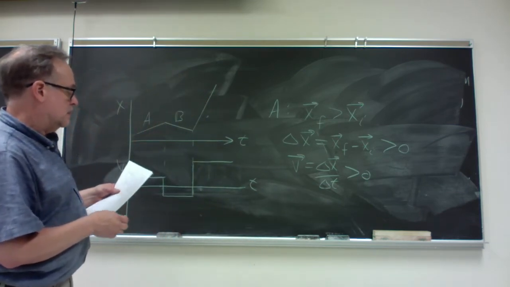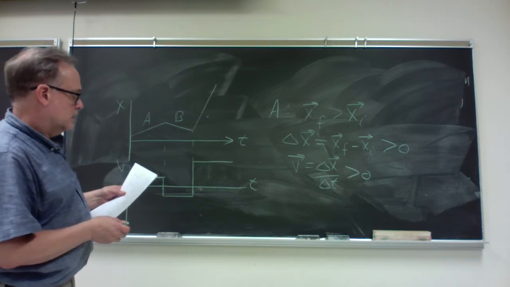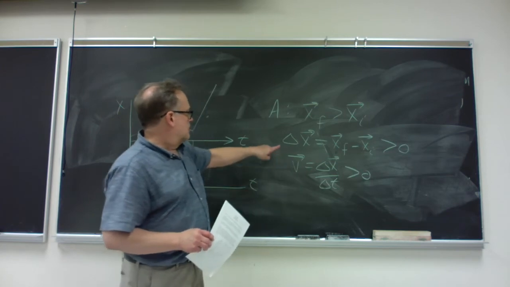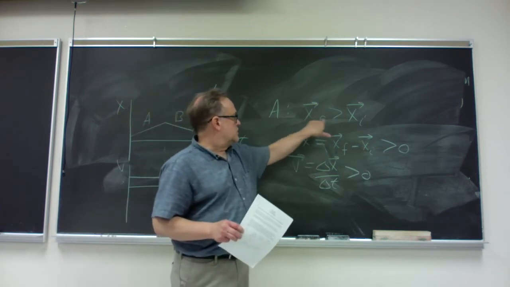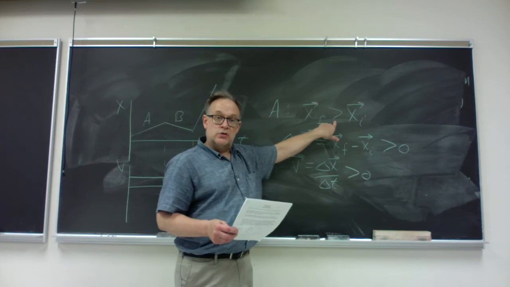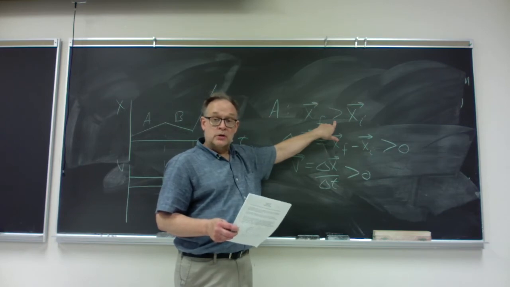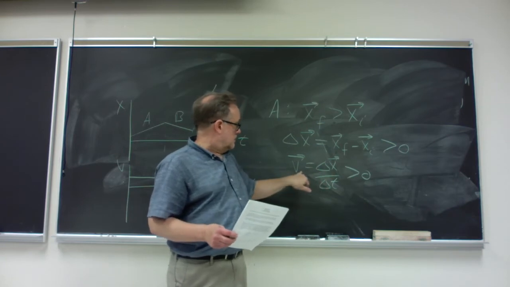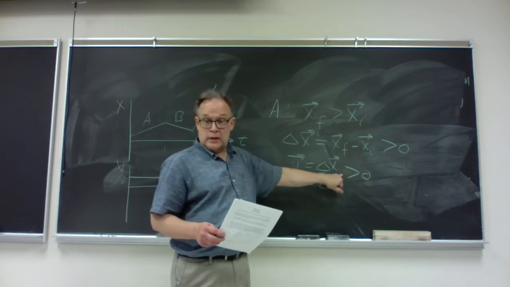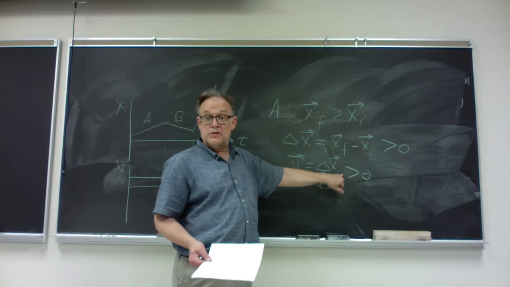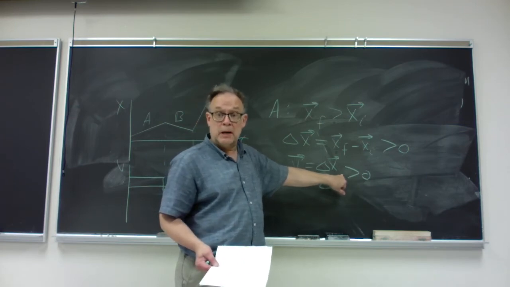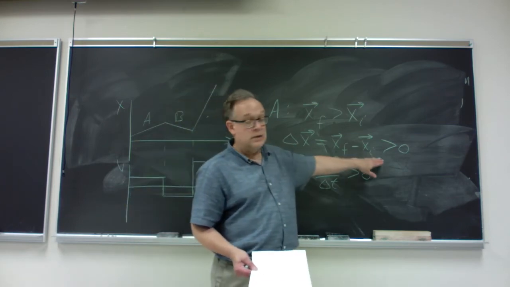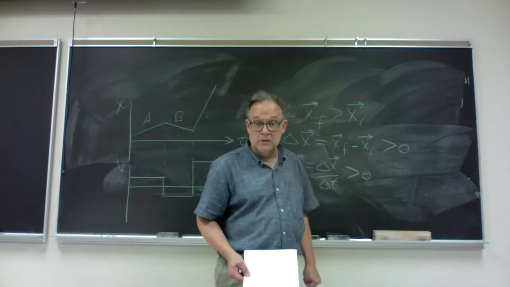So what's happening here? This is always true, which is just another way of saying there's motion always in the positive direction, and in other words, positive velocity is just another way of saying there's always motion in the positive direction. Positive displacement is just another way of saying there's always motion in the positive direction.